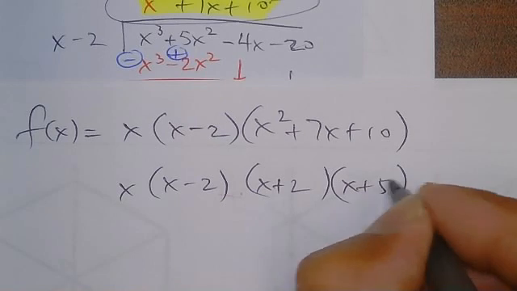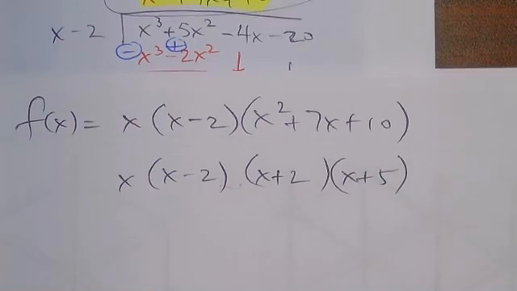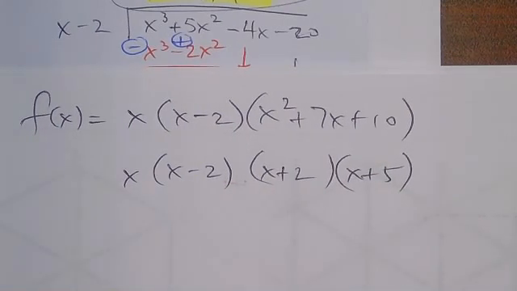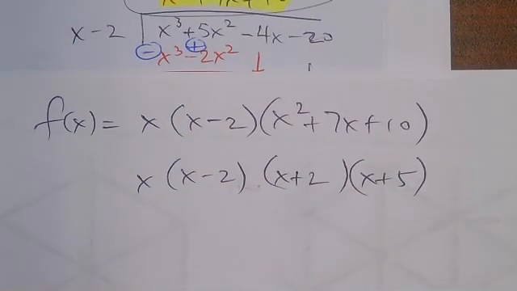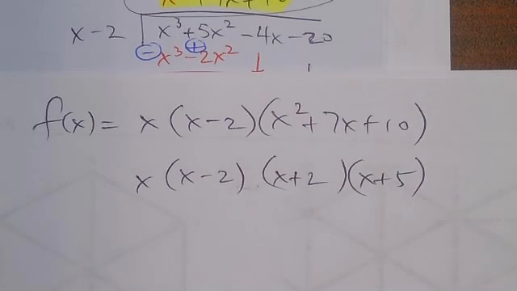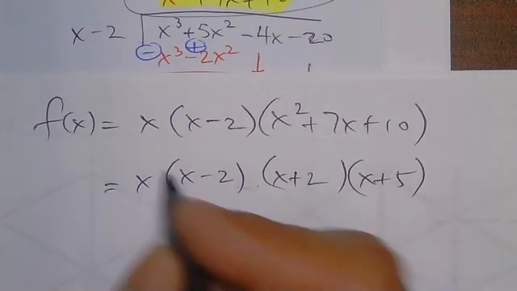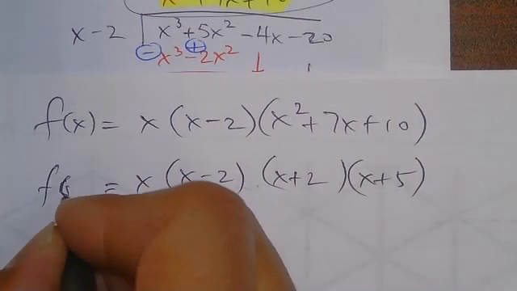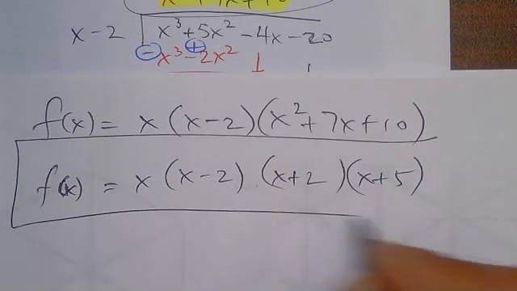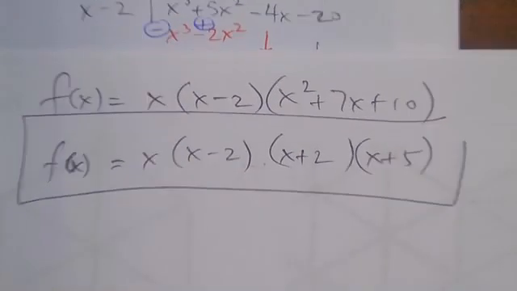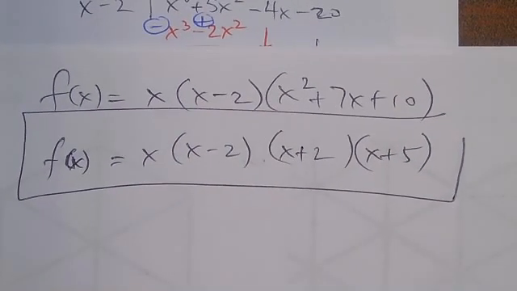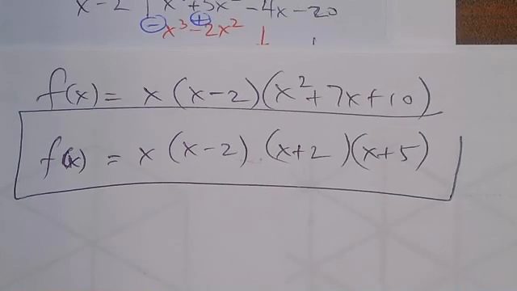So isn't it going to be x minus 2 and what? Ignacio? X plus 2, x plus 5. X plus 2 and x plus 5. Does everybody see 4 factors, if it's to the power of 4? Yeah.